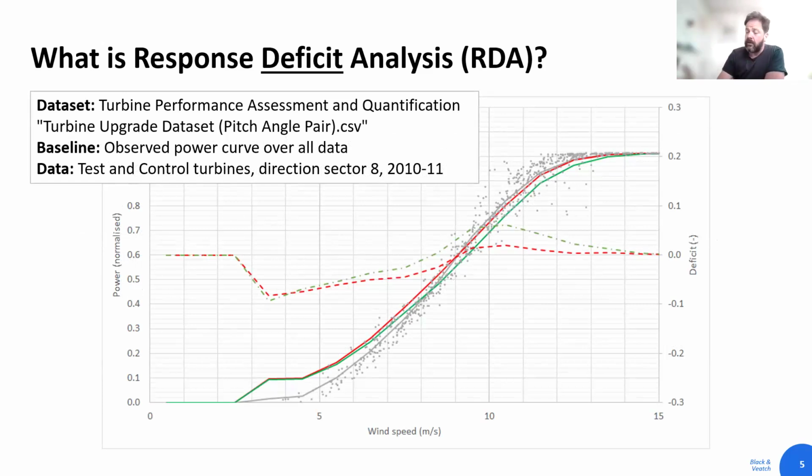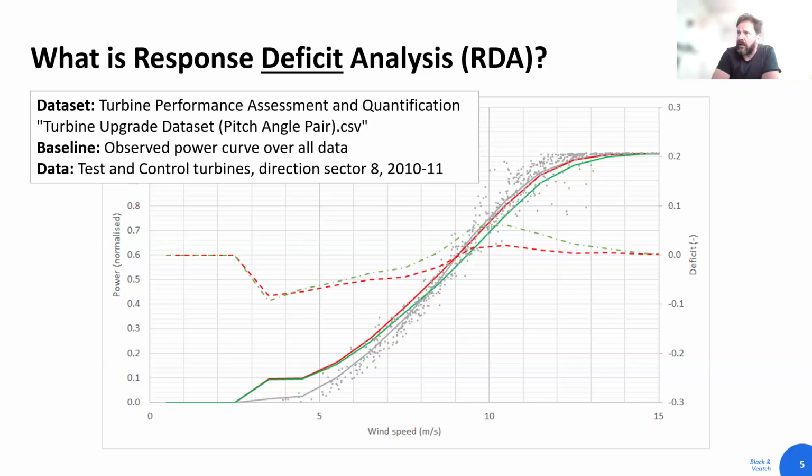Looking at the data set that we've been provided with, the turbine upgrade data set pitch angle pair, on this occasion I've chosen as my baseline just the average power curve, taking all data. So the observed power curve over all data.